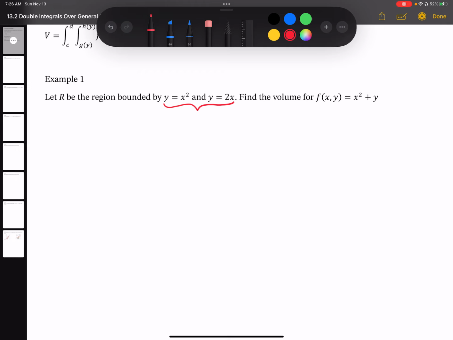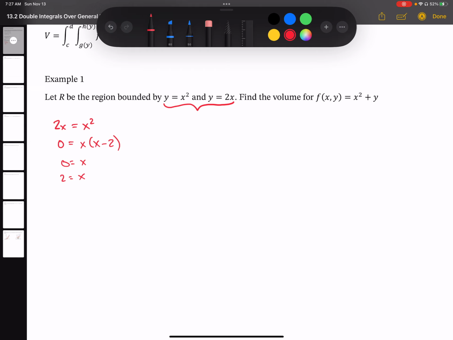But then for our outer limits, you would have to set those bounding functions equal to each other. So you would look for where 2x is equal to x squared, which is the same as 0 equals x times x minus 2. And so we would get x equals 0 and x equals 2 as our two limits for integration.